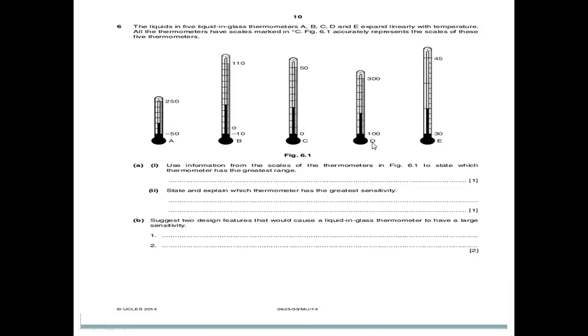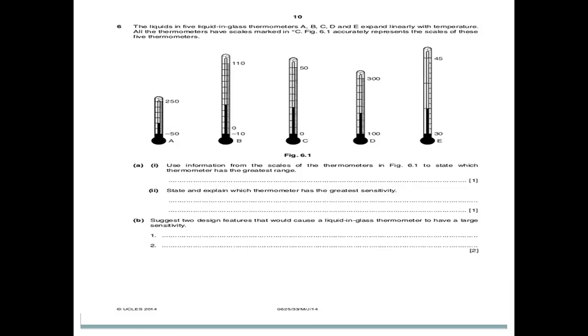So E is 15, D is 200. Now the range for C is 50 minus 0, so the range is 50. Now for B, 100 minus 10, the range will be 90. Now for A, the range is 350 minus 50, the range is 300.